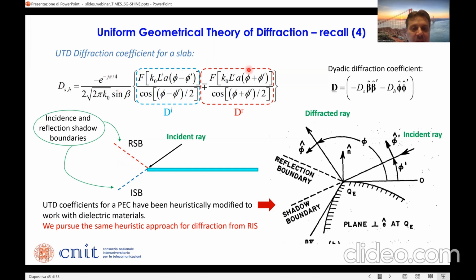And this is the expression of the diffraction coefficient that ensure this smooth transition.